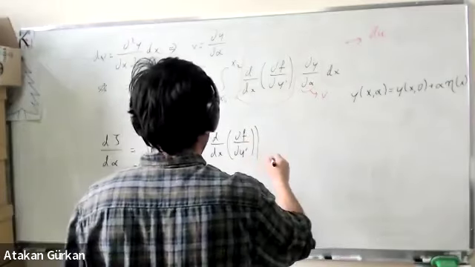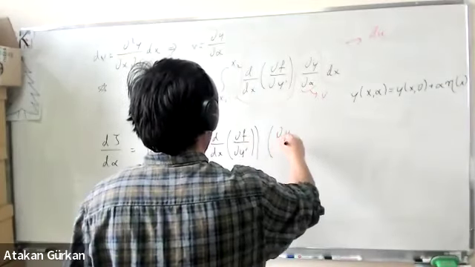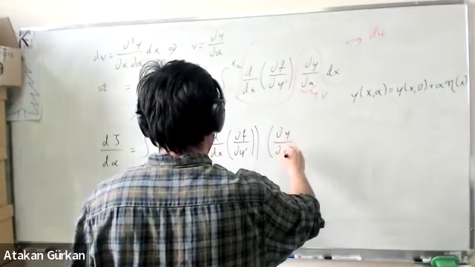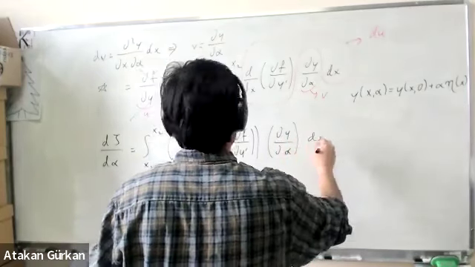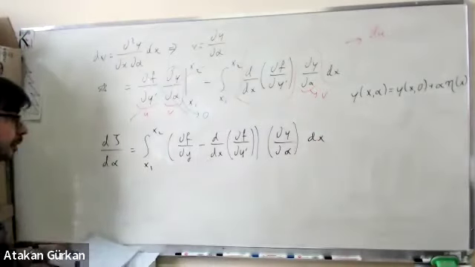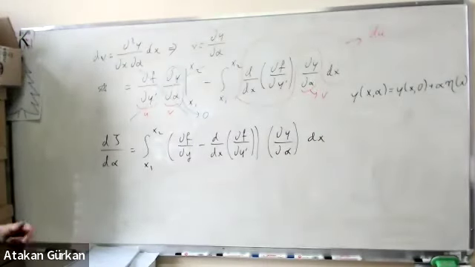This is bad notation, but bear with me. Times del y by del alpha dx. Okay. And we want this at the correct path.